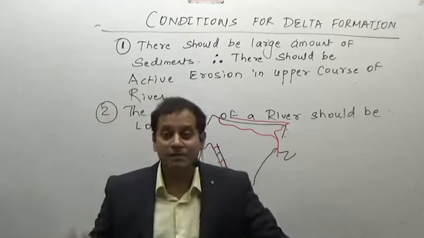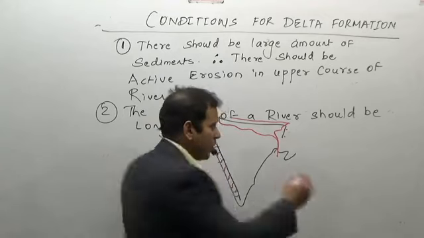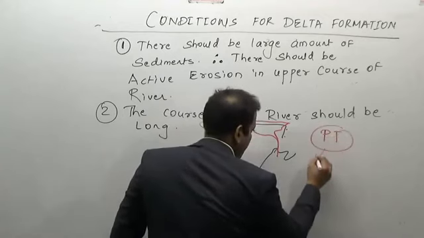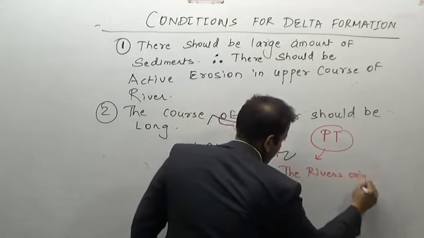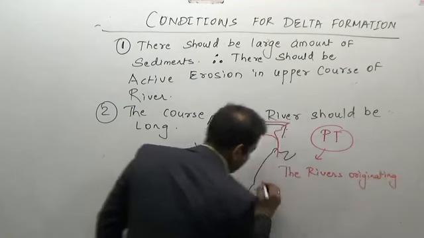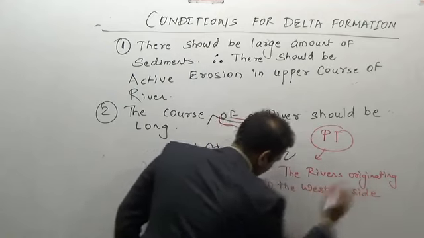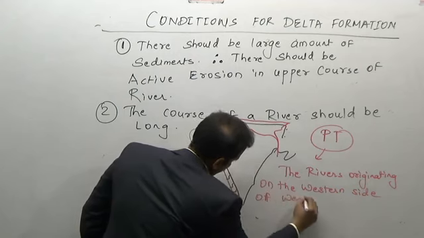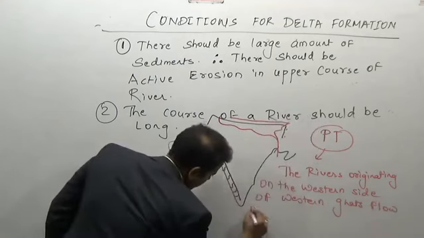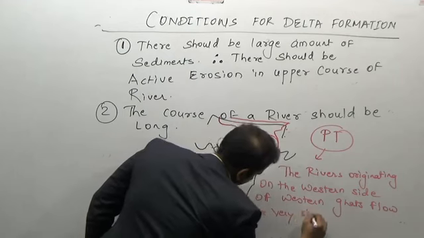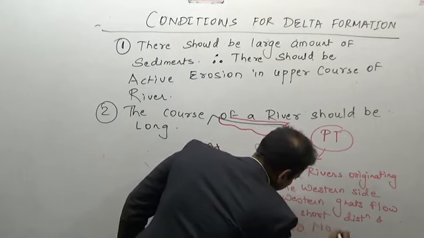Therefore, from a preliminary examination point of view, you can write down the reason why: the rivers originating on the western side of the Western Ghats flow for a very short distance, and therefore no delta.